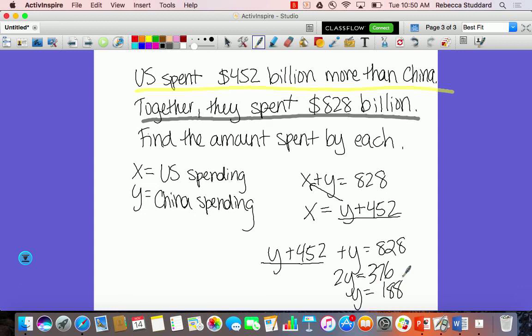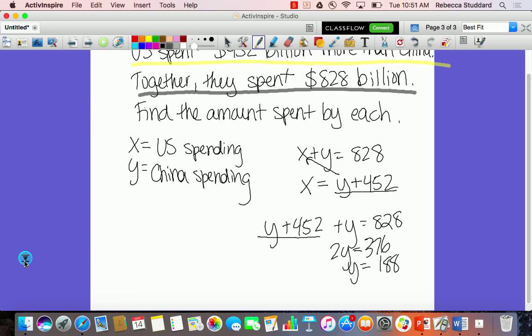Which one is Y? China. So China had $188 billion. To find the U.S.'s, we would just add 452. So to find the U.S., we would say X equals 188 plus 452, which is 640.